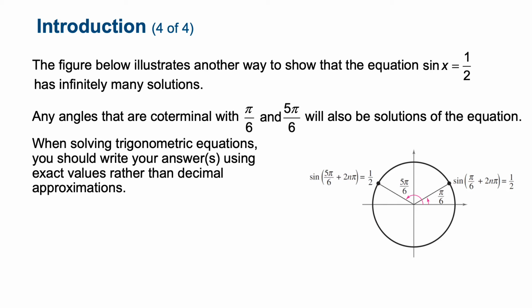So, of course, it would be pi over 6 plus 2 pi, pi over 6 plus 4 pi, pi over 6 plus 6 pi, you get it. And then 5 pi over 6 plus 2 pi, one round, plus 4 pi, plus 6 pi, and so on. So that's why we would write the solution pi over 6 plus 2n pi, or 5 pi over 6 plus 2n pi.